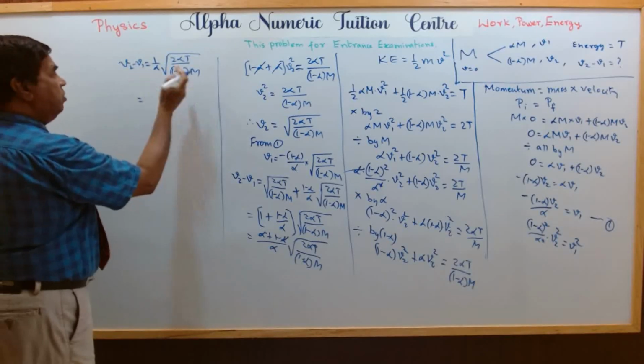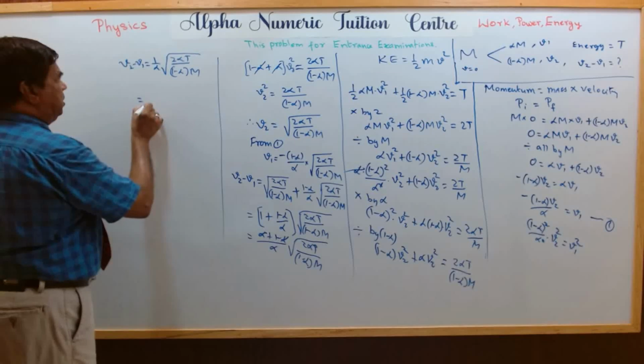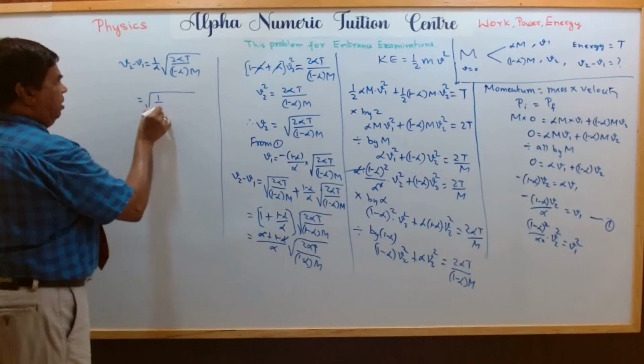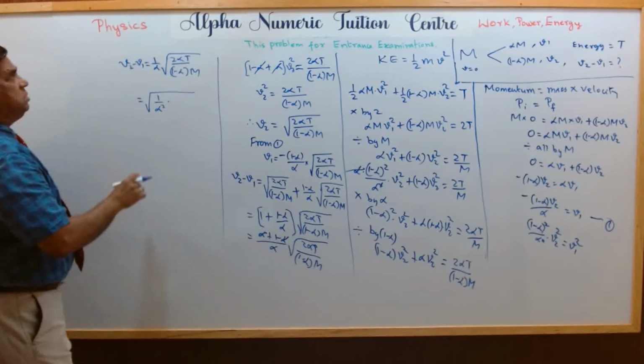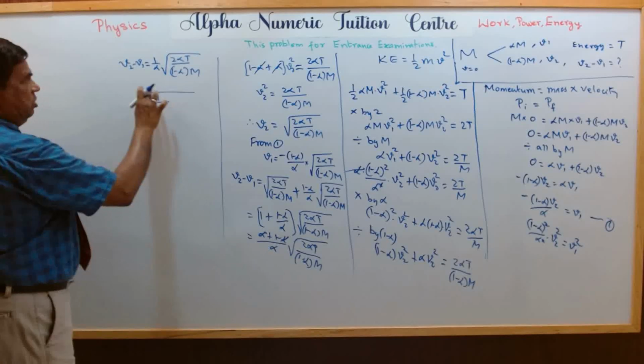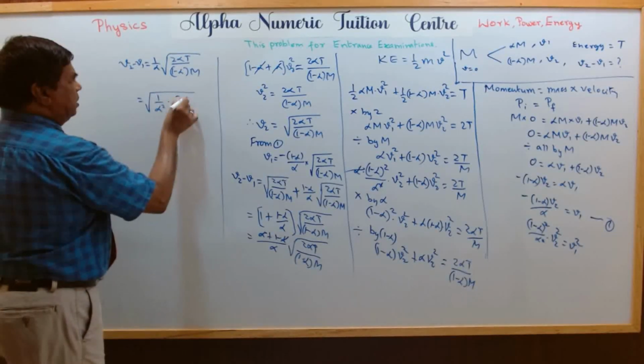Now this 1 by alpha will go into the square root, but it will be squared. So 1 by alpha squared. This 1 by alpha will go inside as 1 by alpha squared. If you take the square root of 1 by alpha squared, it will be 1 by alpha.